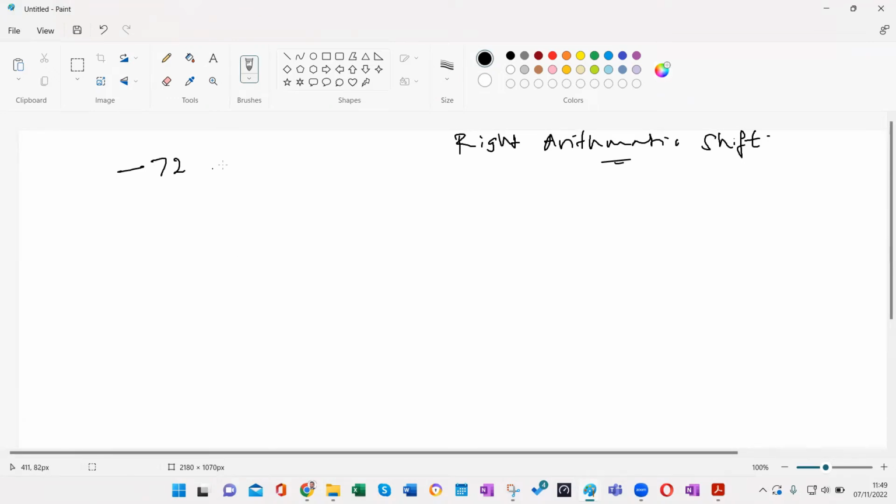Right. So minus 72 in 2's complement. What do we do first? We represent 72 in 8 bits. And you know how to do it.